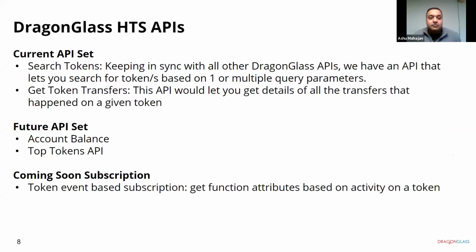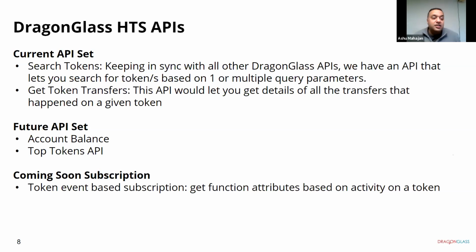On DragonGlass HTS APIs, we are currently supporting two kinds of APIs. One is search tokens. Search tokens is in keeping with what we provide for transactions, accounts, and contracts. The search token API has a list of parameters you can use to query tokens.